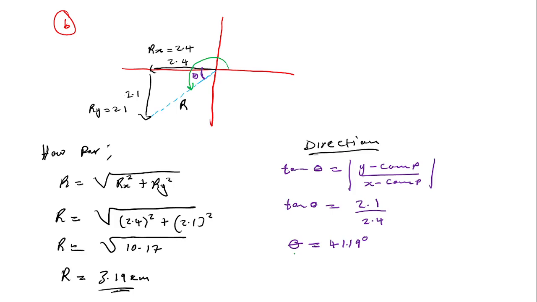To look for this angle here, which we can call alpha, I can simply say alpha is equal to 180 plus theta. So alpha is simply equal to 41.19 plus 180.